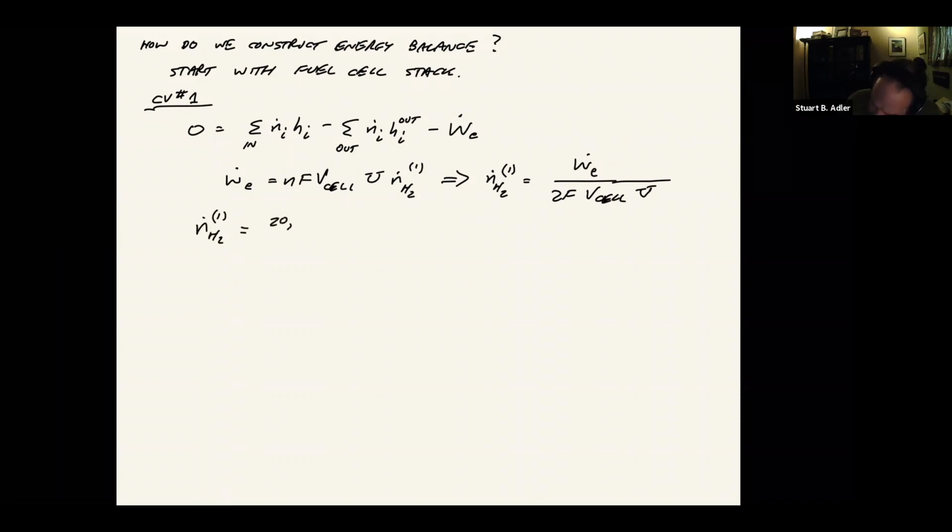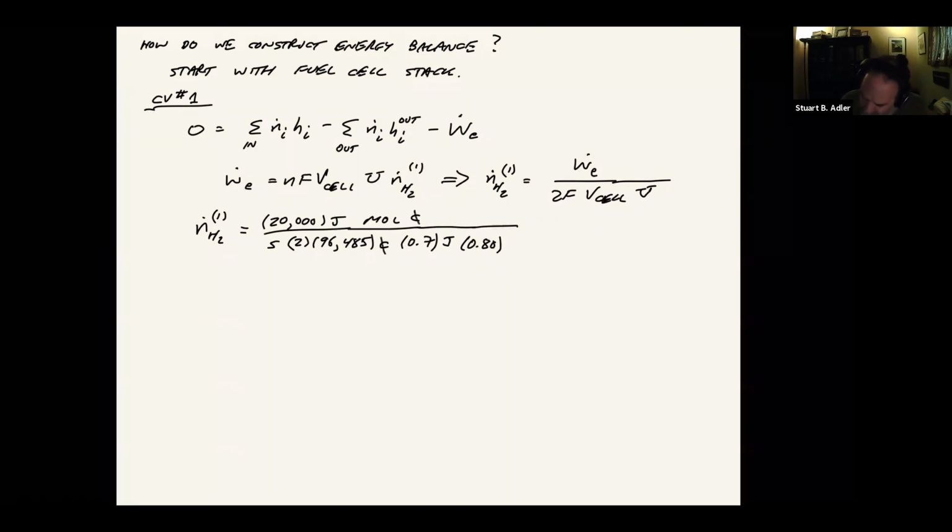This is 20,000 joules per second, divided by 2 times 96,485 coulombs per mole. We've got 0.7 volts, which is a joule per coulomb, and we're at 80% utilization.